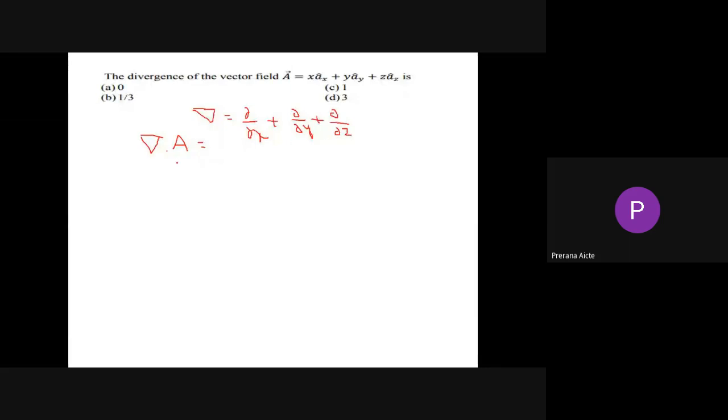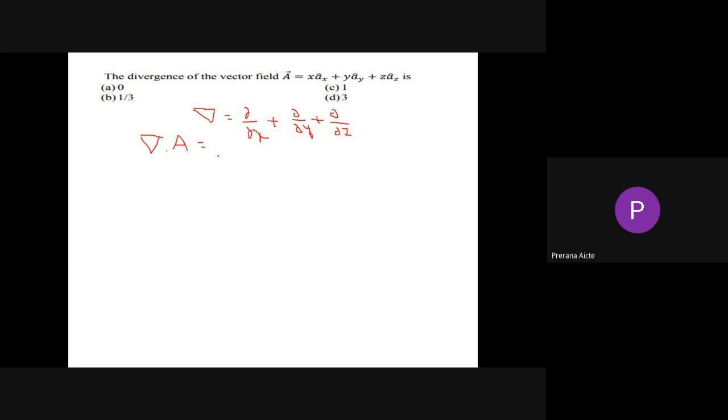Now del dot A, because the divergence of a vector is nothing but the dot product of the gradient with the vector A, is equal to dou by dou x into A of x plus dou by dou y into A of y plus dou by dou z into A of z.